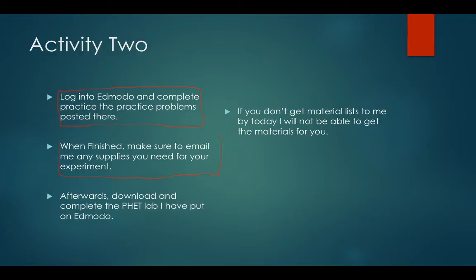I'm going to need this to pick up anything this weekend. If you do not get to me your supply list, I'm going to assume that you aren't going to want anything. And if that's the case, that's fine, but it means you're going to have to do something with the stuff here at the school, or you're going to have to get all of your own equipment.